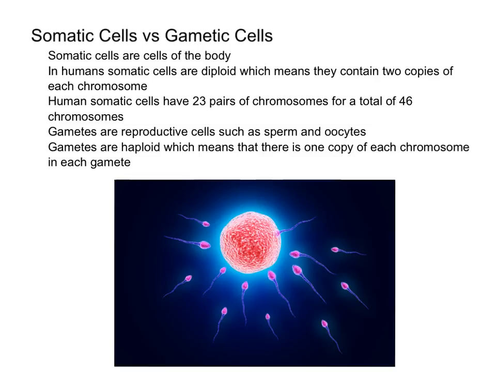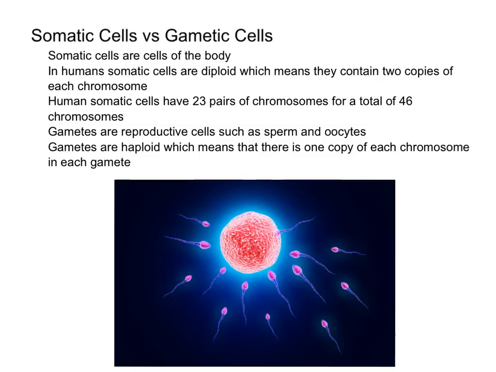So let me just summarize what I just stated because I understand it can be a little confusing. A human somatic cell contains 46 chromosomes. And the 46 chromosomes are arranged into 23 pairs, where 1 chromosome from each pair is from the mom and the other one is from the dad.